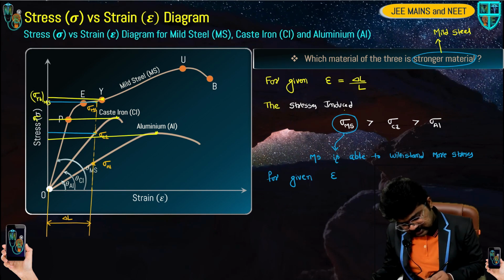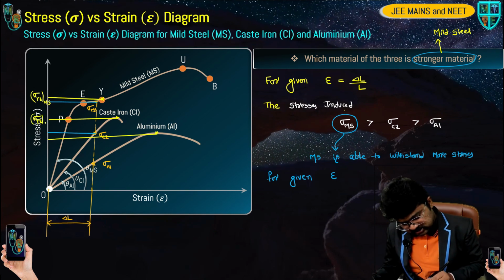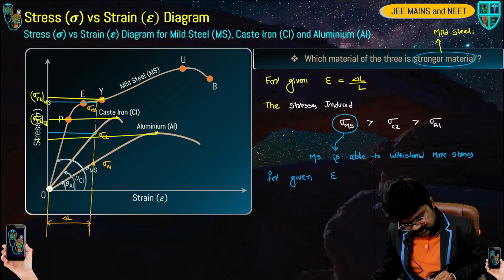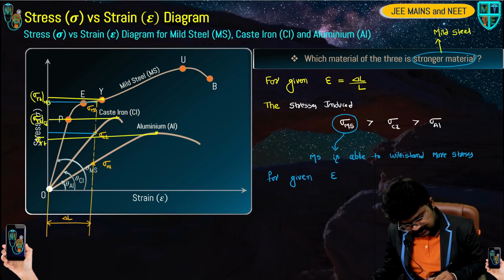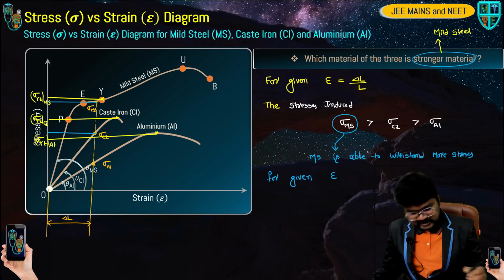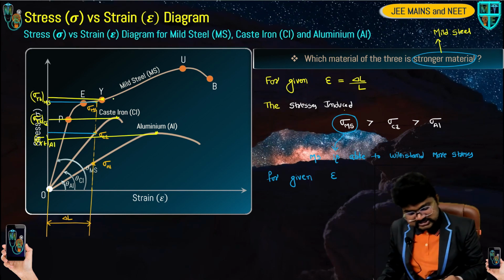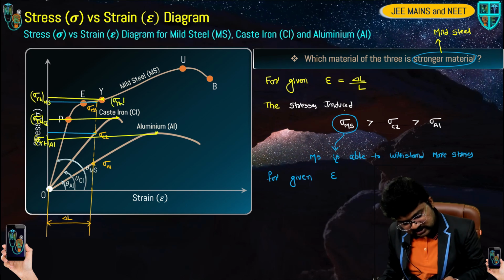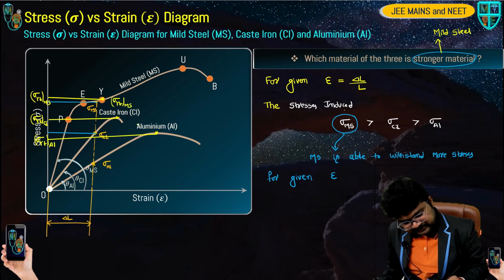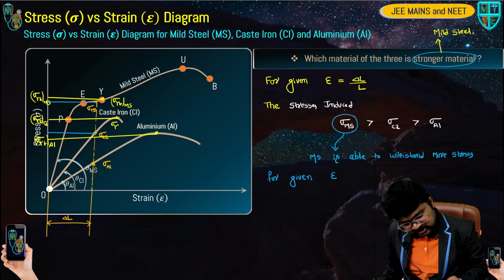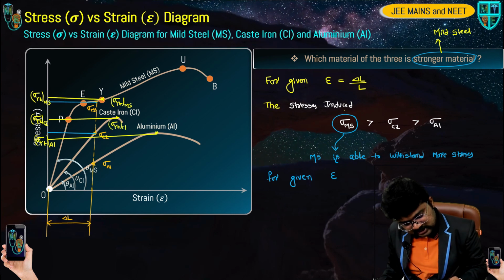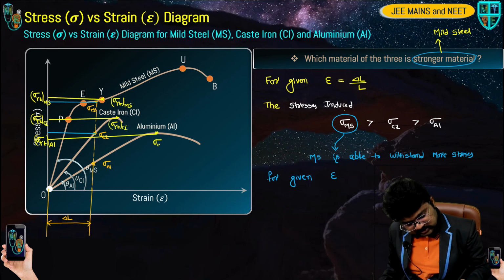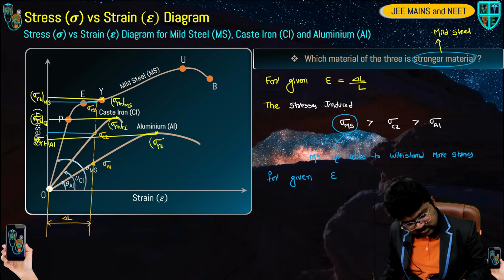So based on the yield strength also we can decide. This is the yield strength of the mild steel, here the yield strength of the cast iron, and the yield strength of the aluminum.